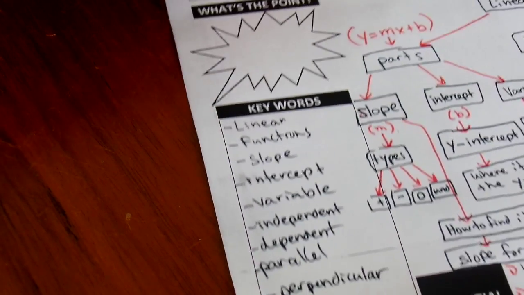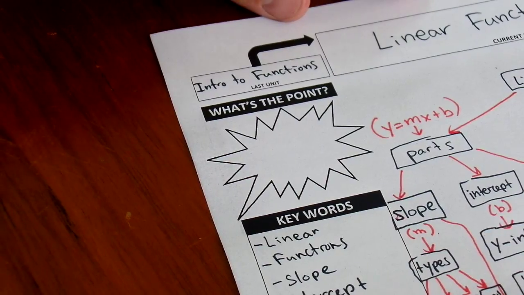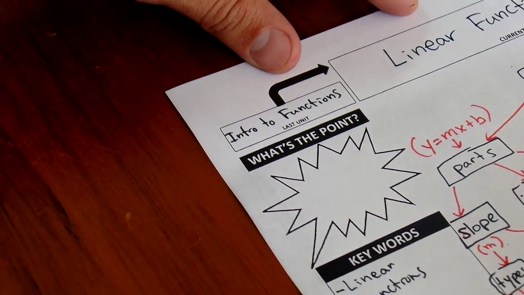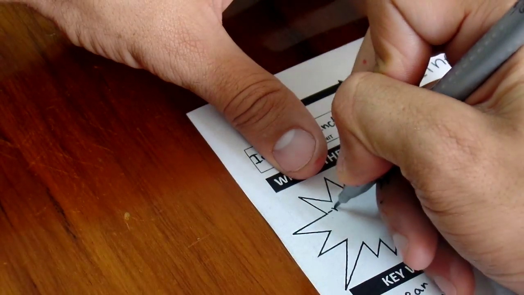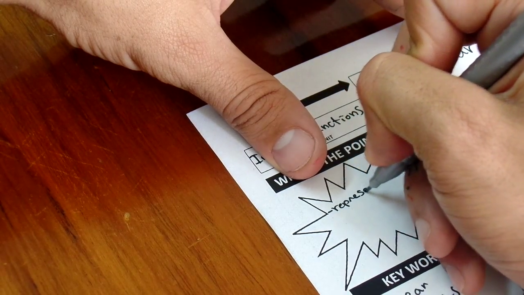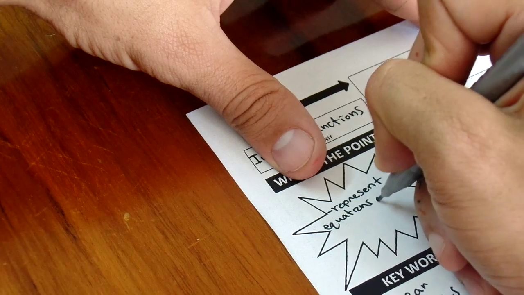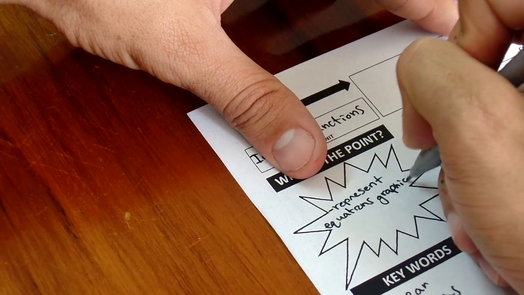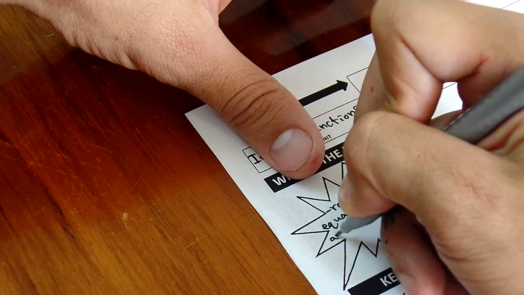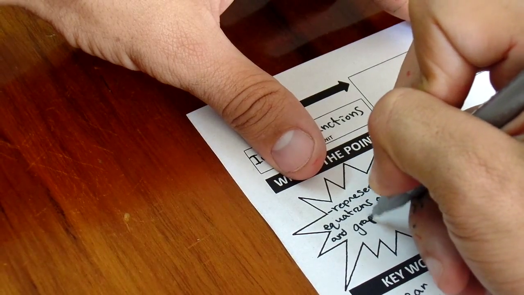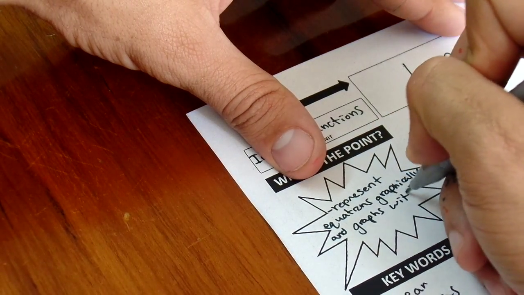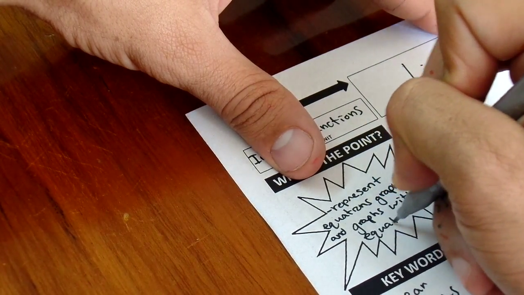And what is the point of all this? Well, we know that equations can represent real-life situations, but now I want to take that one step further and represent equations graphically, and backwards represent graphs with equations.